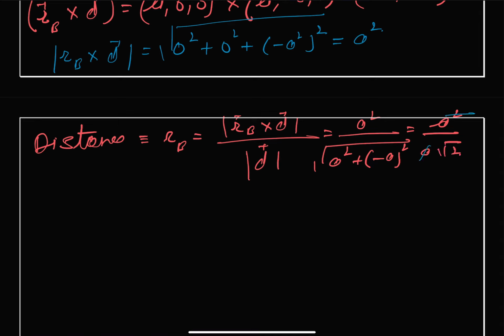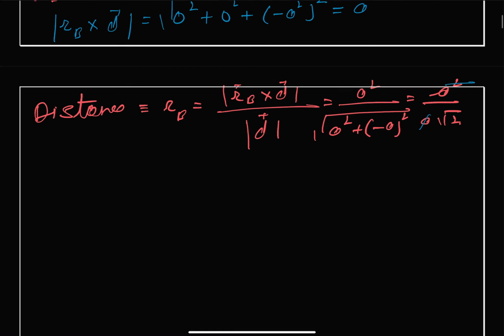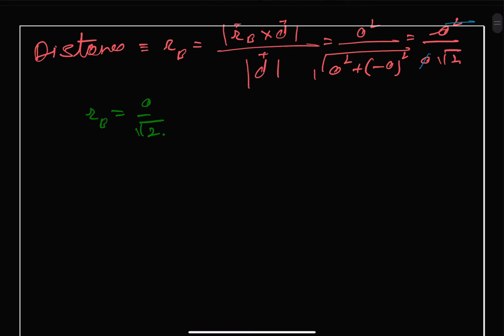This A goes with this square, so we are left with r of B equal to A upon square root of 2. Its moment of inertia, I of B, will be equal to mass times distance square, which we get as mass times A over square root of 2 whole square, giving us m a square upon 2.